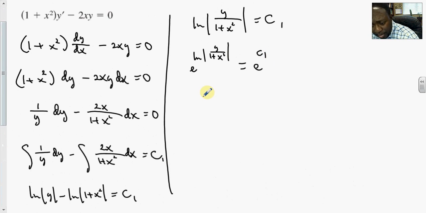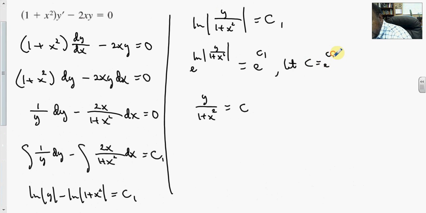So the left side is y all over 1 plus x squared and that's equal to c. Let c equal to e to the c sub 1. So you end up with y is equal to c times parentheses 1 plus x squared.